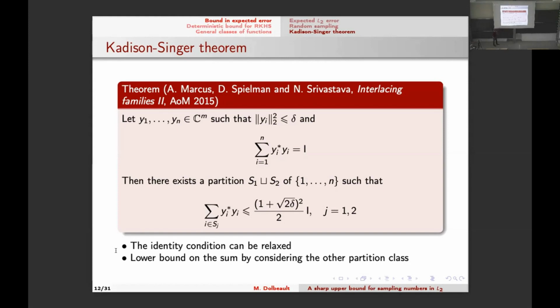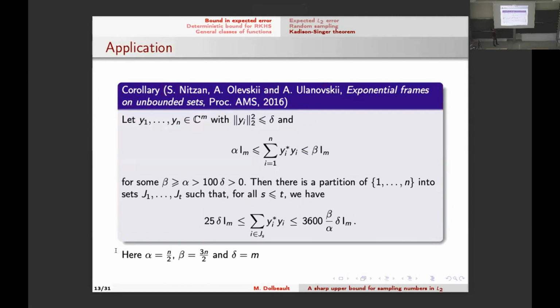So I will apply it here, but just before that, I'm going to reiterate this thing, because what I want to do is not just divide the sample size by 2, I want to divide it by log m, or by a larger number. So I will do it iteratively, each time dividing by 2.